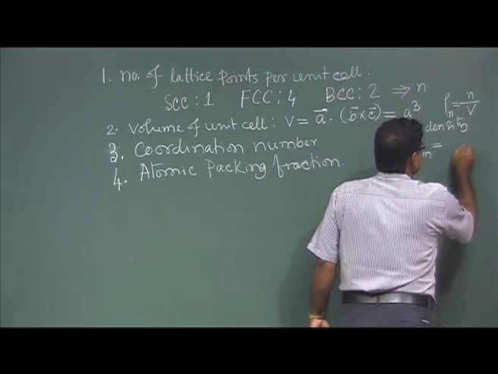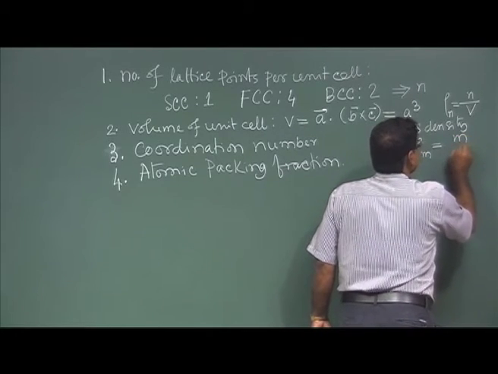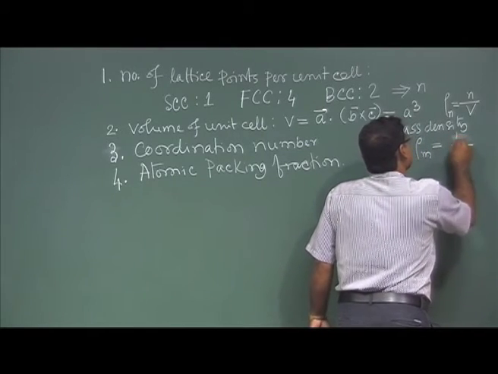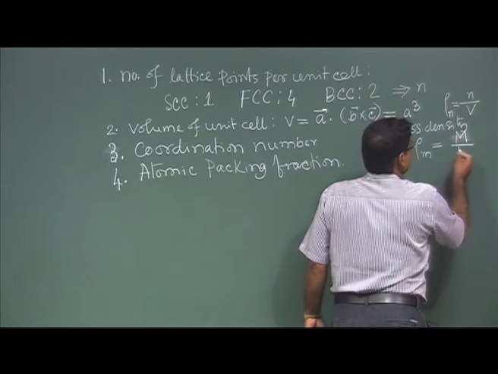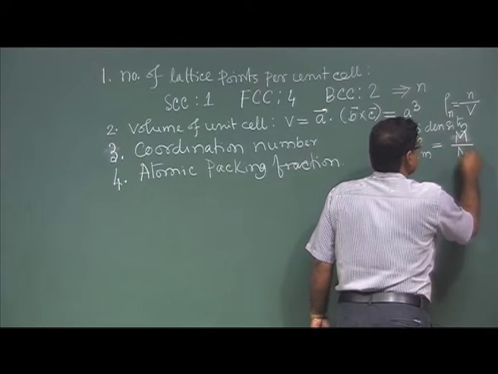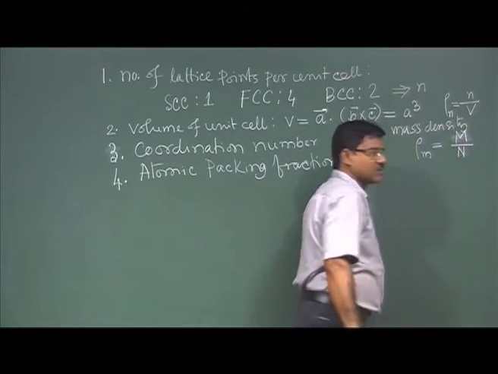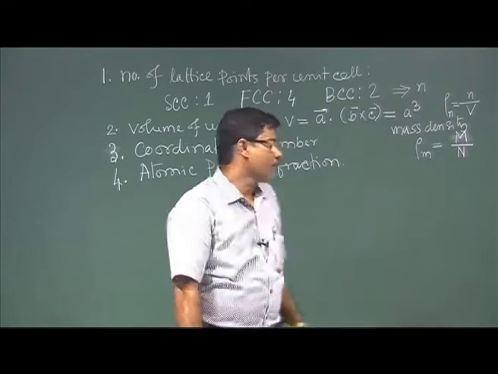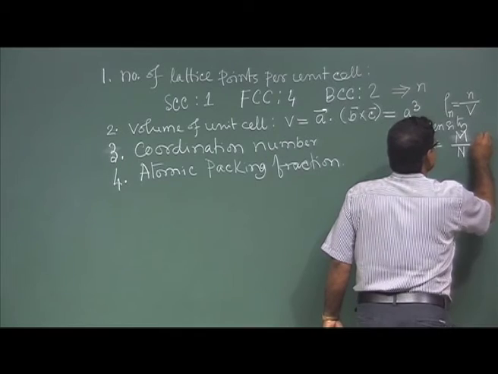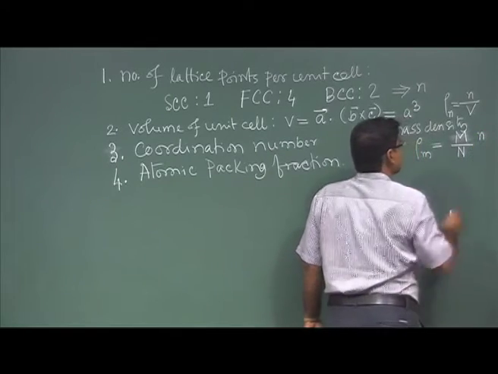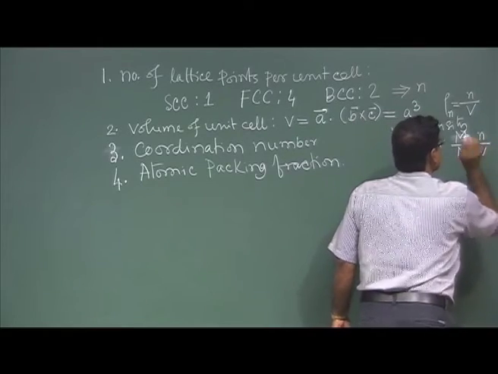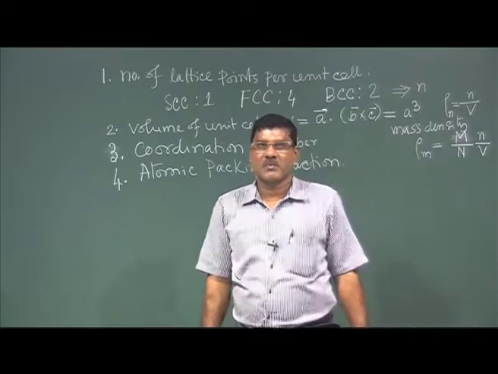So mass of 1 atom is atomic mass, this capital M divided by N A. So that will be the mass of one atom. Here how many atoms are there per unit cell? This n. So that will be the mass of this n number of atoms divided by volume. So mass per volume, that will be mass density.